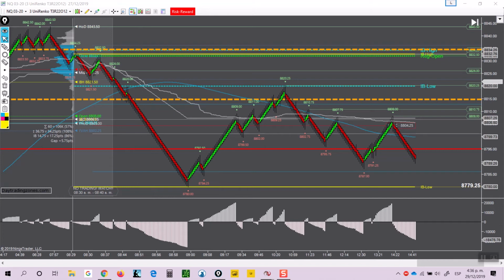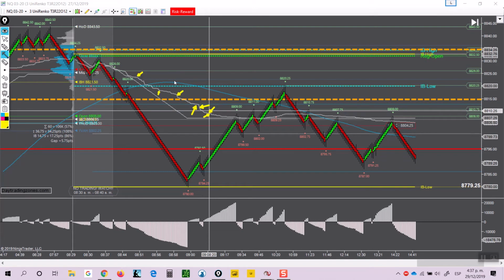Then we have to understand if the price is near the VWAP, which is that white dotted line right there. This one here, I hope you can see it. This right here, it's the VWAP.